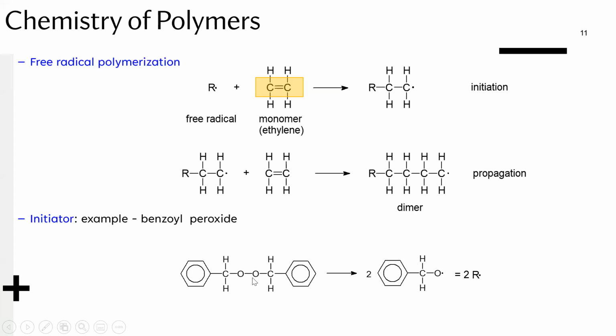And this initiator, when you break it or you cleave it into two pieces, it can actually start a reaction. And it's basically, now it's a radical species. And so you've got two of these halves, each of which is capable of initiating a cascade of reactions, which basically leads to a polymer.